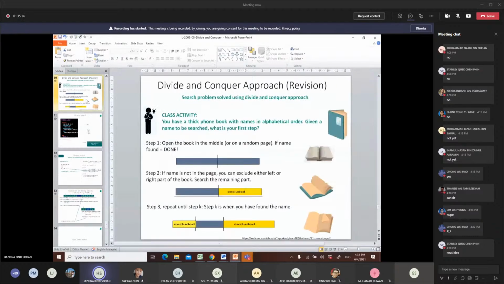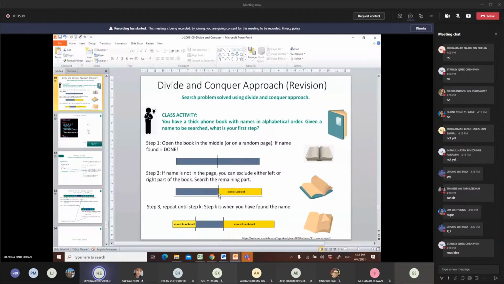It's the same concept as the phone book. At first we have the whole book, and then we want to search for the phone number that starts with Z. So we divide into half. Oh, sorry, let's say A. We divide into half, then we compare.